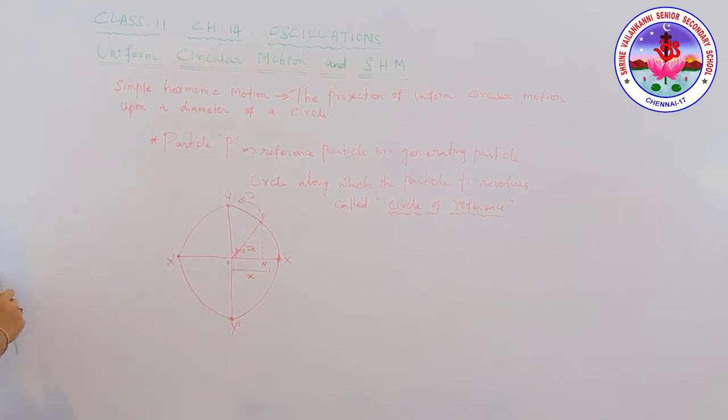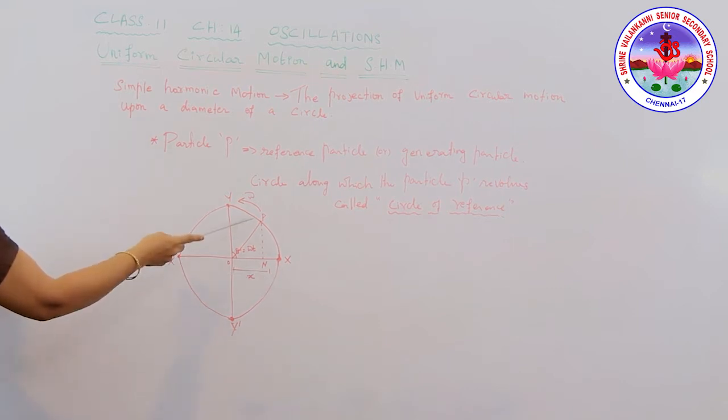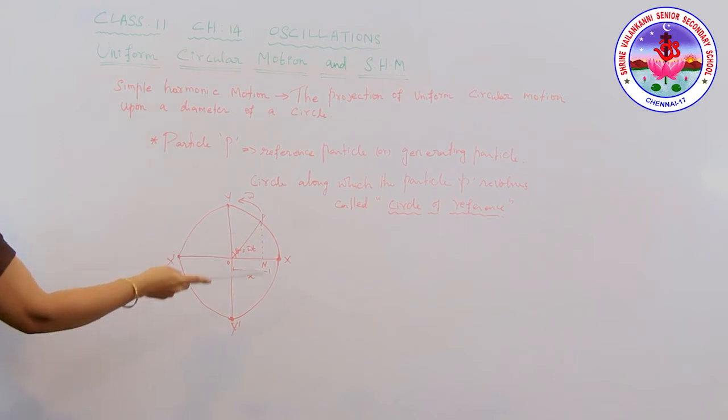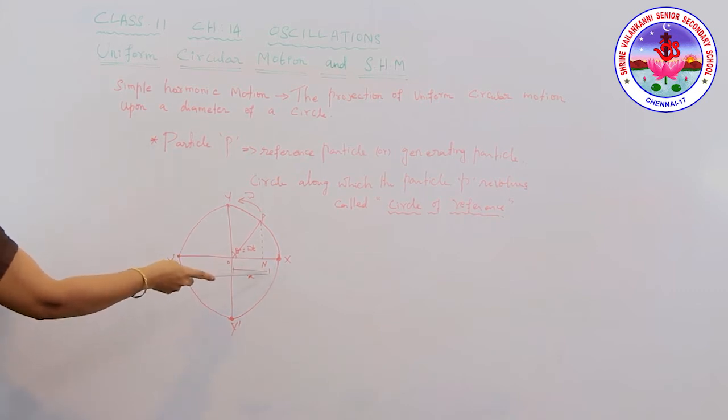Now, take N to be the foot of the perpendicular drawn from the point P. The diameter we have taken is x x dash, and N is called the projection of P on the diameter x x dash.